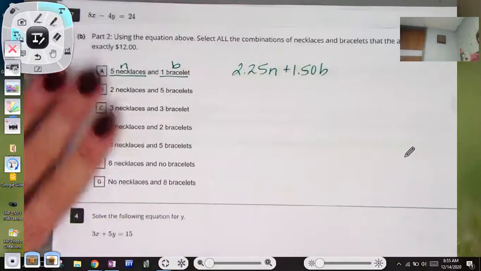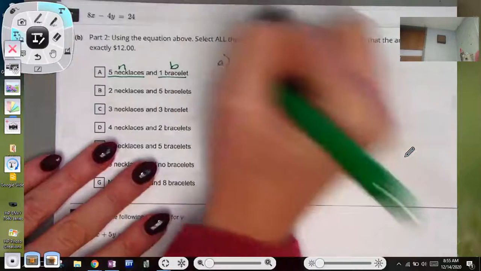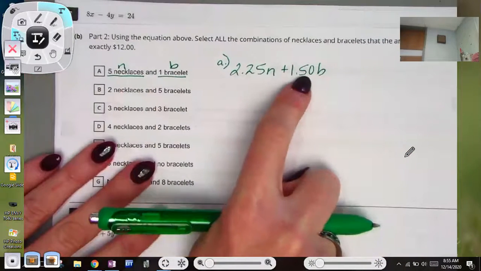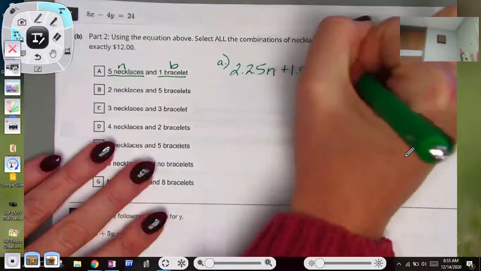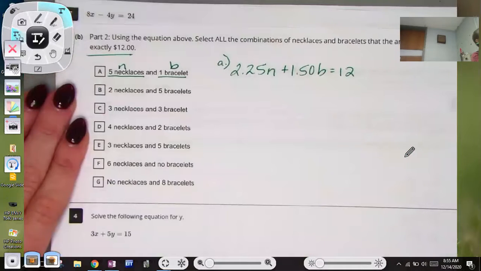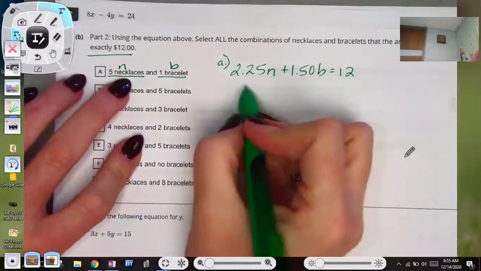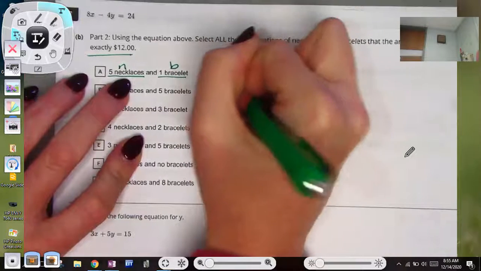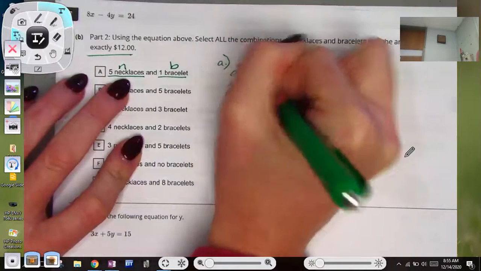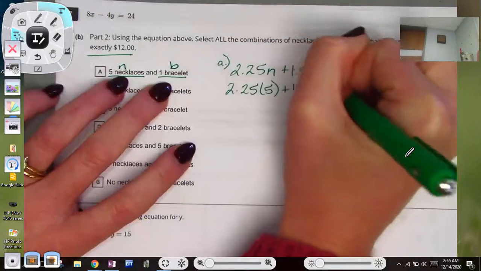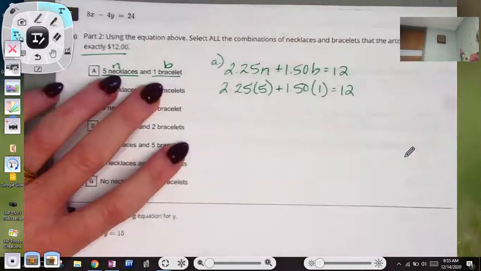So in order to solve it, you could just simply plug these into our equation and see if it makes it true. It has to equal exactly $12. Okay, so let's try A.